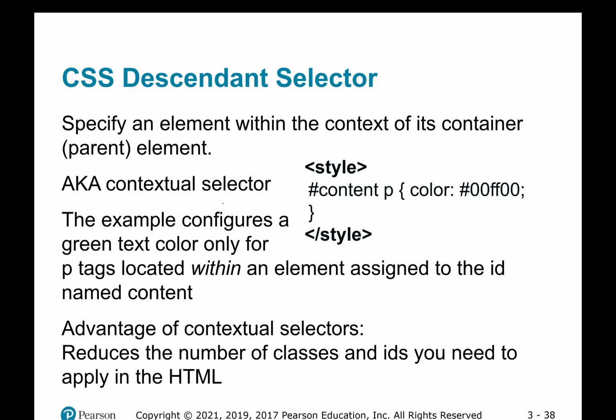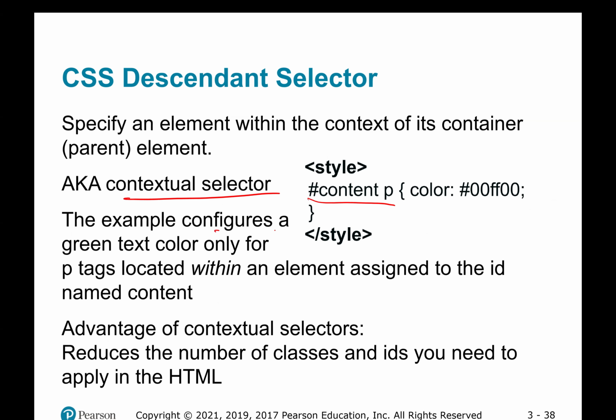And the third one is the descendant selector, where we specify the element within the context of its container element. This is also known as the contextual selector. So here you can see an example of how a descendant selector works.